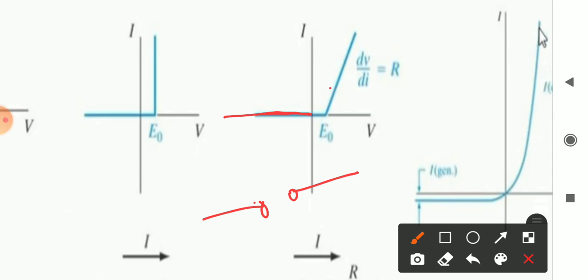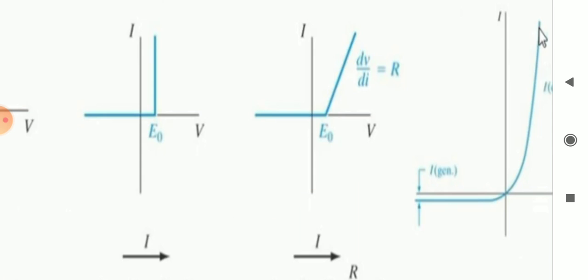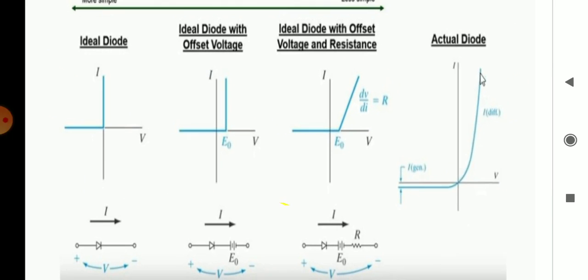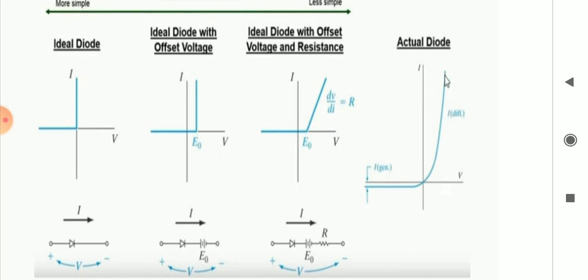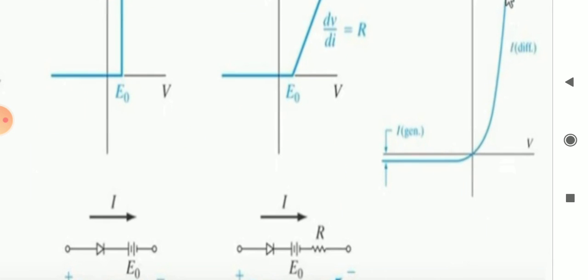Up to E0, if you operate the diode in forward bias, it won't conduct, after that it starts to conduct. But here we are getting the VI characteristics in a sloped manner, a slightly bent curve. We get this because of the rate of change of current, which happens because of the presence of this resistance.